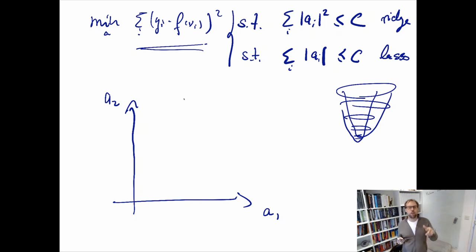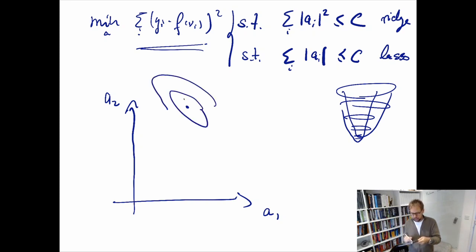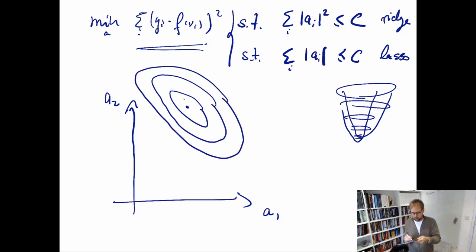I'm just trying to draw the height lines of the mountain. So there will be some form of minimum here. This might be the minimum of the loss function. And now I have some form of height lines around it.